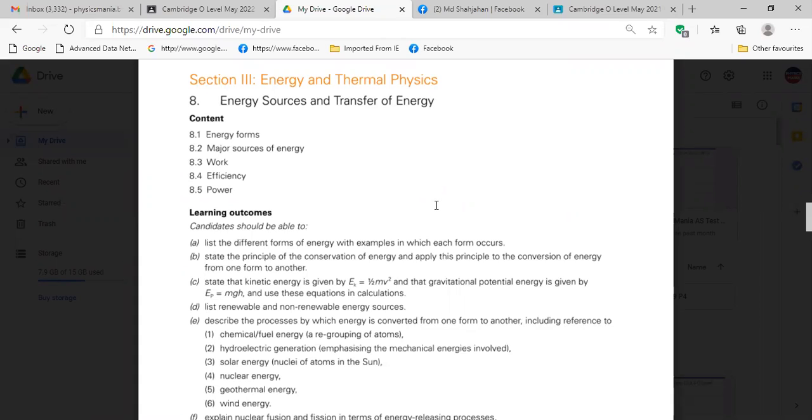Now, these four sources, they are non-renewable, right? They cannot be reused again.